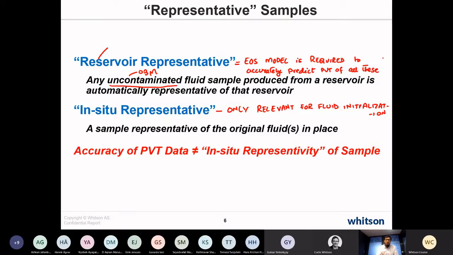So for example, if we take the example of unconventional reservoirs where it's almost impossible to collect any in situ representative samples, what you will do is use all your reservoir representative samples that are collected at different times during the life cycle of your field. You tune your equation of state model to all the different compositions and the pressure and the PVT data that you have measured on those compositions. And then you try to come up with the best estimate of your in situ representative sample composition to, for example, initialize your model.